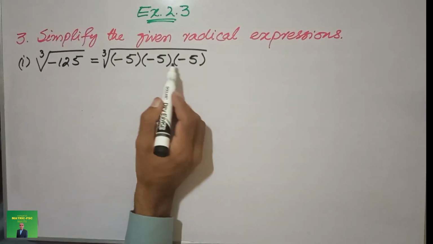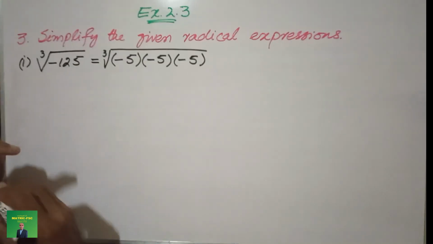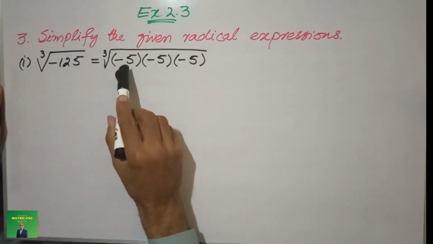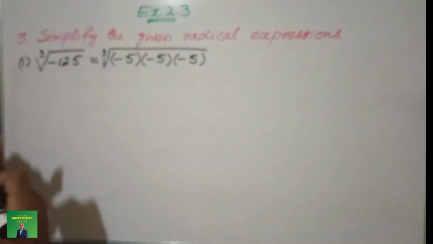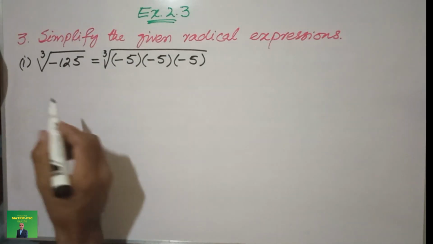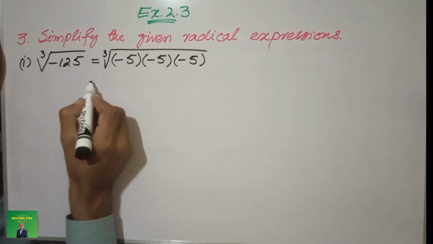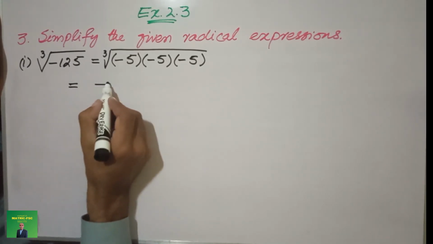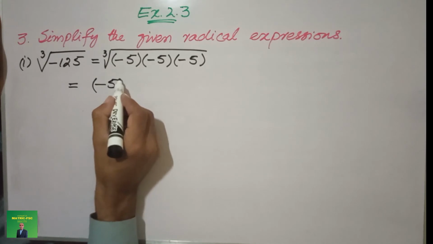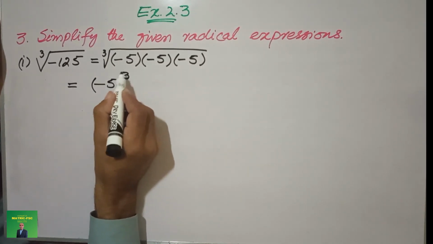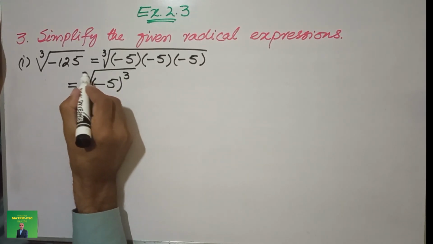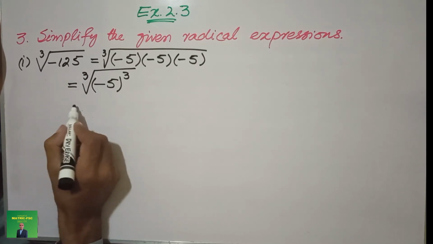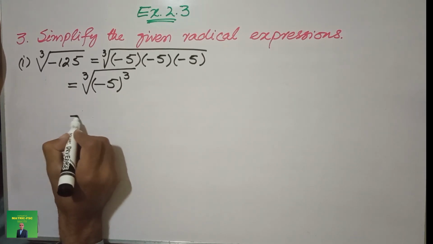Because negative 5 into negative 5 is 25, and then multiplied by negative 5 we get negative 125. From here we can write negative 5 cube and the cube root, the third root.